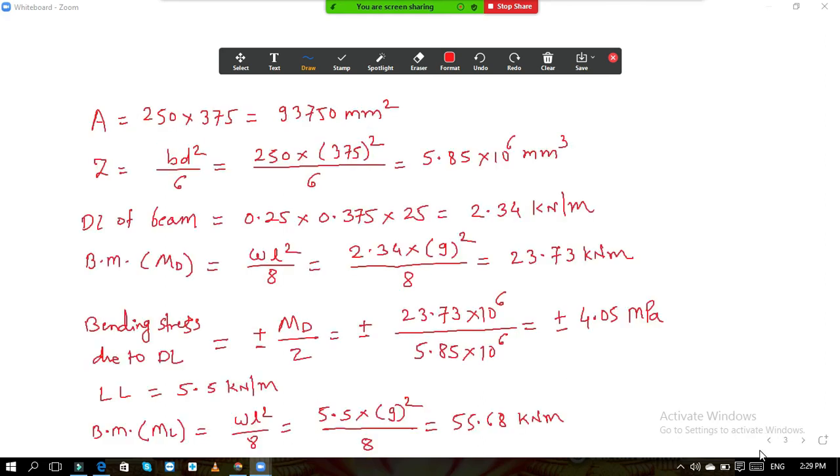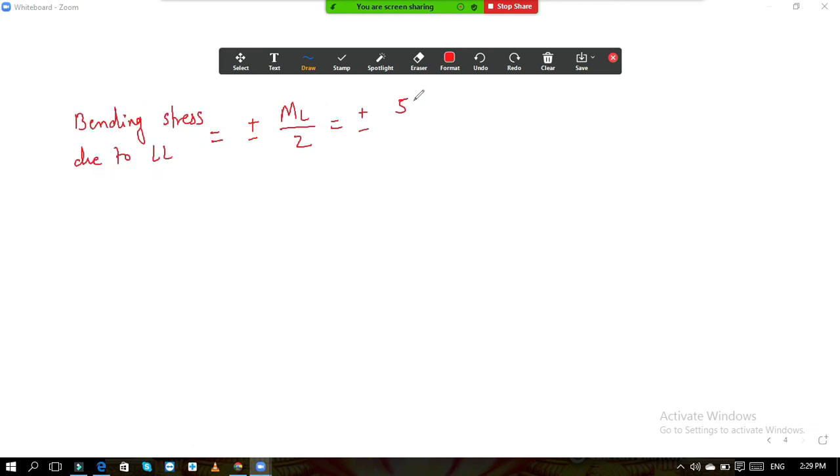So now the bending stress due to live load is equal to plus minus ML by Z, which is equal to 55.68 into 10 raised to 6 divided by 5.85 into 10 raised to 6, plus minus.